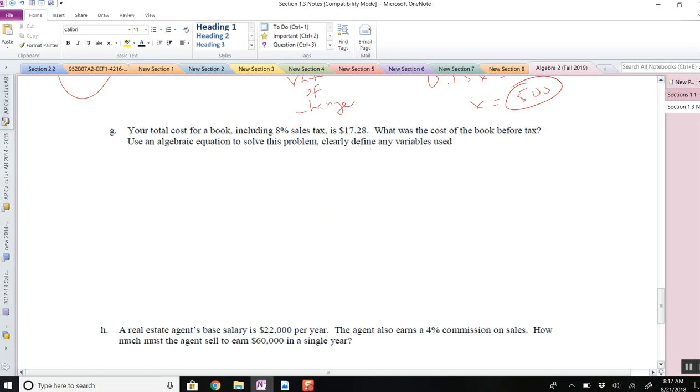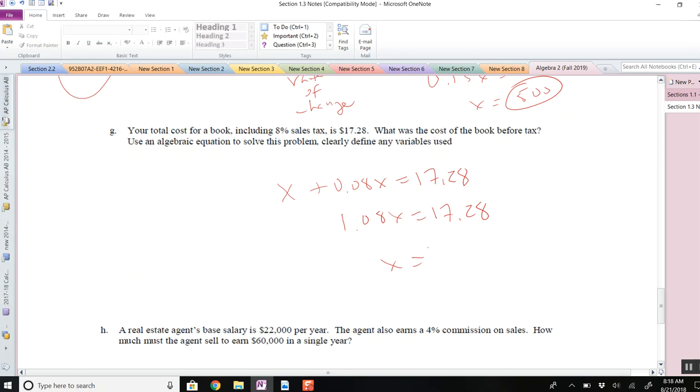So you paid $17.28 for a book, and there's 8% sales tax. So the price of the book plus the 8% tax equals 17.28. Then you want to do this and use the calculator.